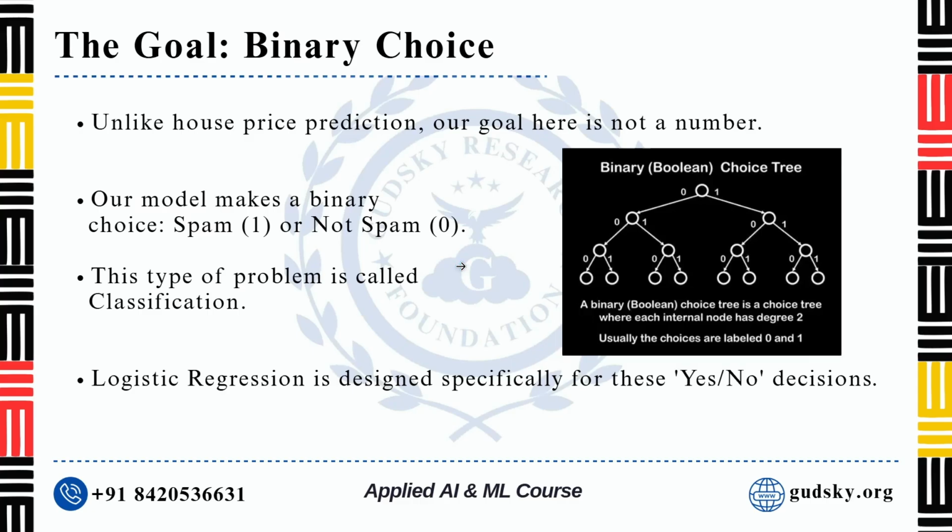The model has to choose one of two classes: ham, which means not spam, which we will call 0, or spam, which we will call 1. Since we only use a 0 or a 1, our straight line model, linear regression, wouldn't quite work. We need something better for clear-cut choices.